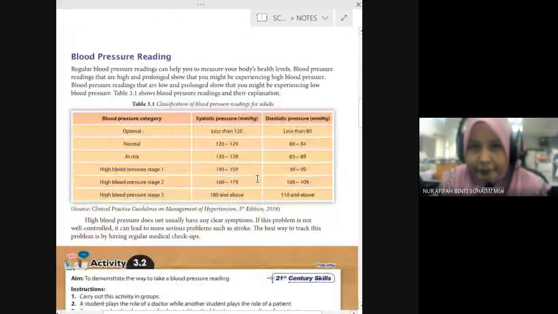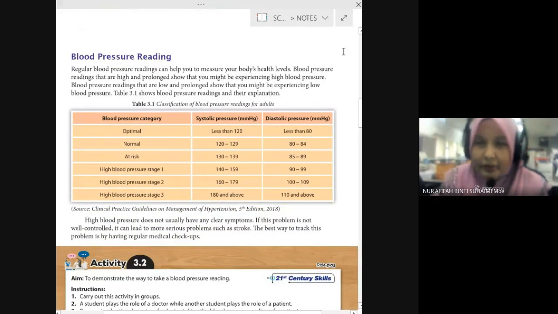Now, why do we need to monitor our blood pressure? When we know our blood pressure reading, we can measure our body health level.